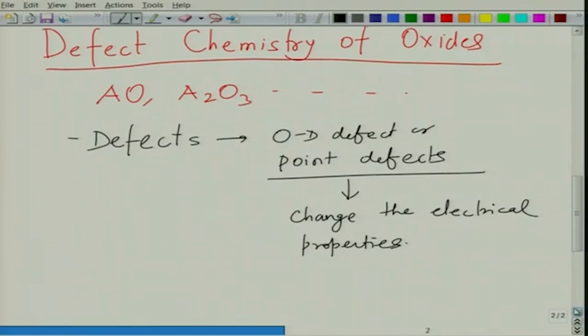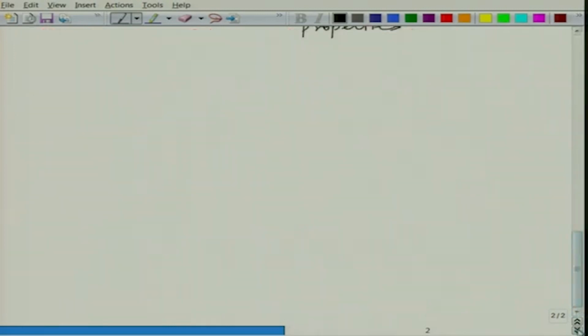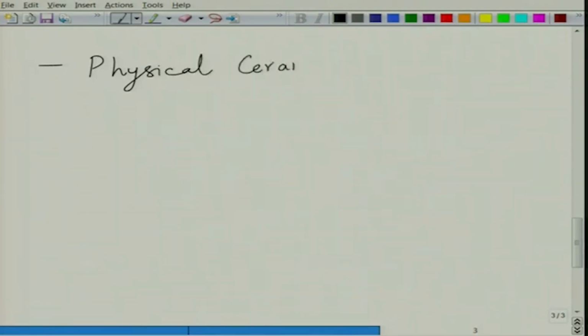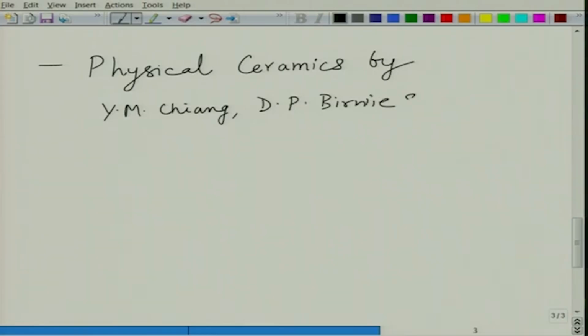The books that we are going to follow, I told you earlier, but basically, if you look at Physical Ceramics by Y.M. Chiang, D.P. Birnie and W.D. Kingery, this has a chapter on defect chemistry.